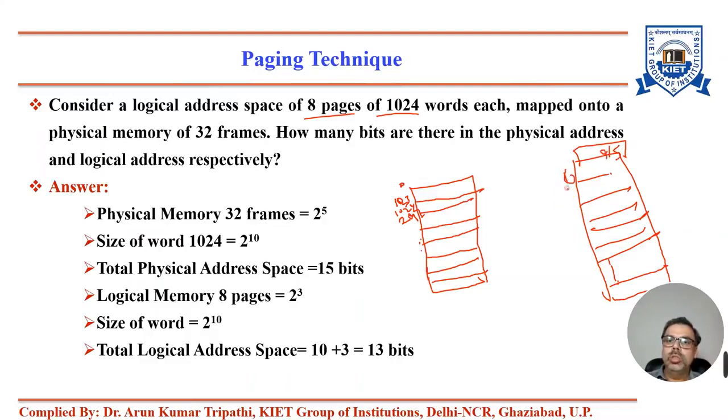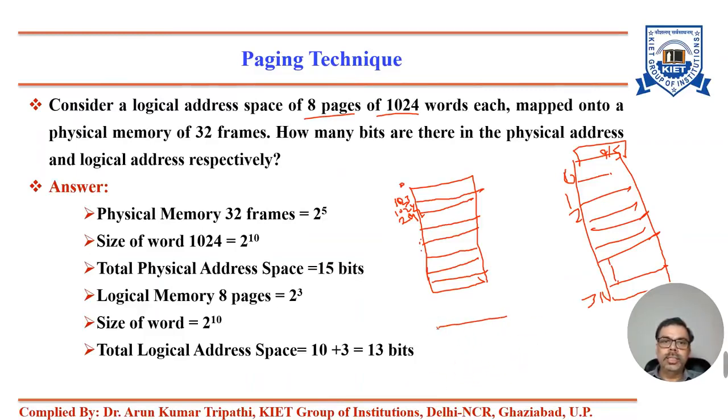So 0, 1, 2 up to 31, a total of 32 frames. Now the question is how many bits are there in the physical address and the logical address. So how many bits must be there for the physical and logical address.